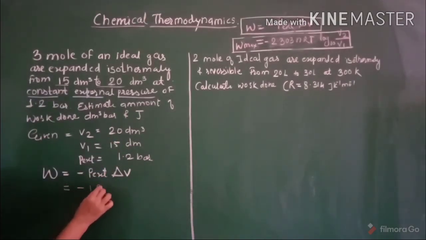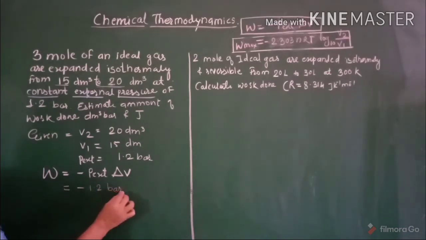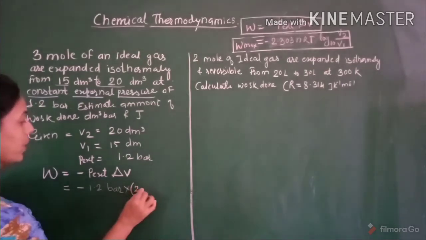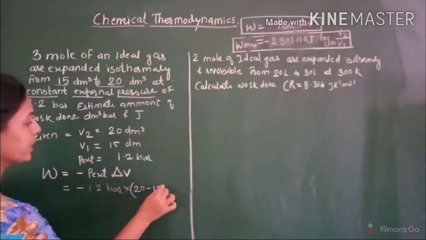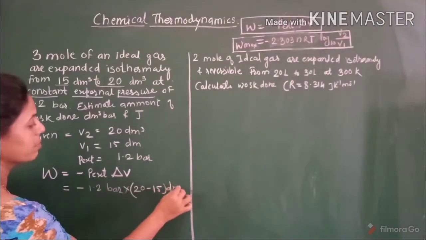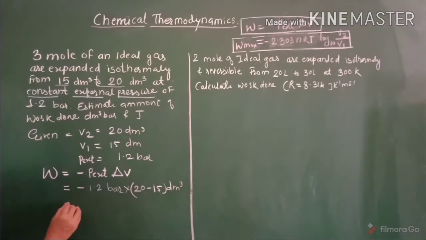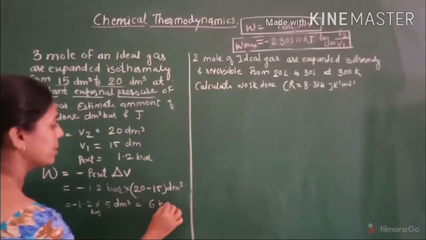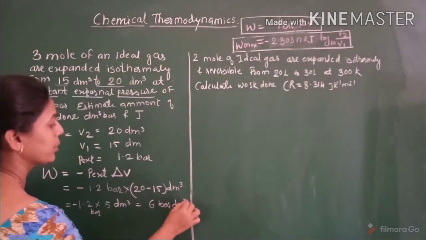Minus 1.2 bar into the volume change, 20 minus 15, dm cube. So minus 1.2 into 5, dm cube, and here pressure is in bar. Your answer is minus 6 bar dm cube.